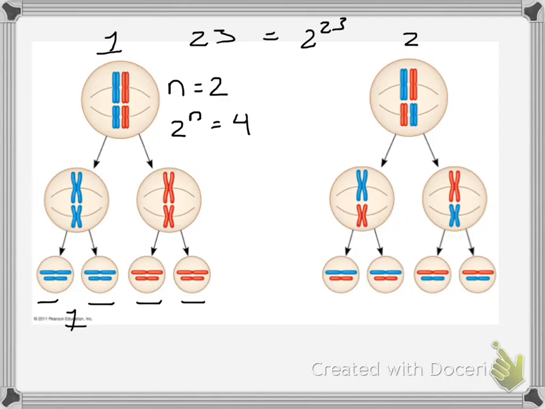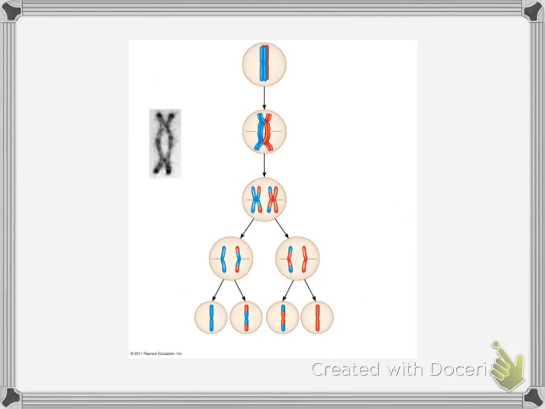Our other option is that 1 maternal goes with 1 paternal, and 1 maternal goes with 1 paternal. That will give us possibilities 3 and 4. So what we're seeing is that we can end up with 4 possible combinations of chromosomes.